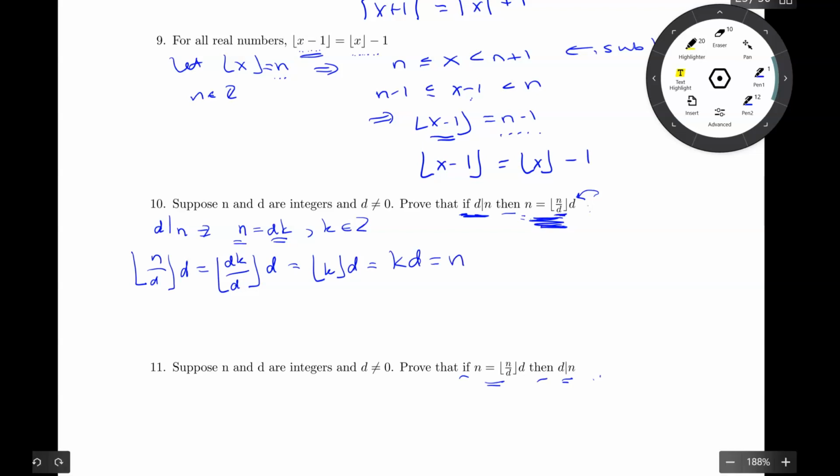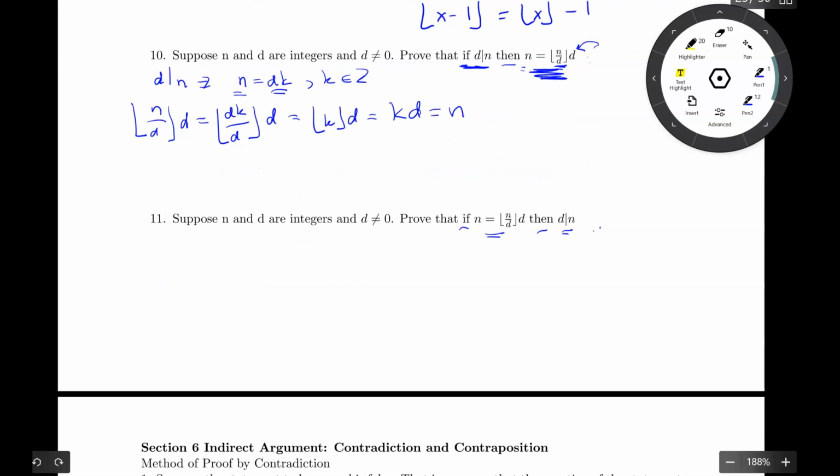All right, now let's play with it the other way. So if I start with this, I want to get to here. So here I have this floor of n over d. This is where I'm going to make the bold math step, and I'm going to say the floor is equal to k, where k is an integer, right? Just let that equal a k, or whatever letter you want. Then what do I know?